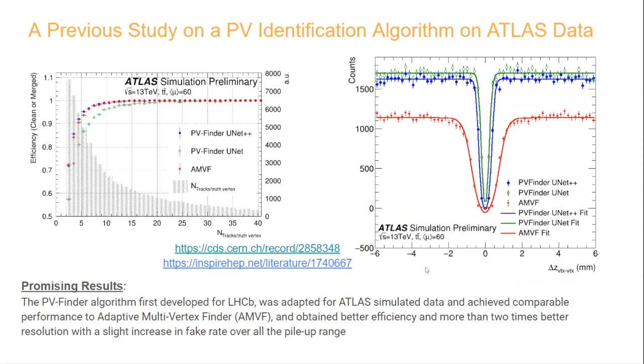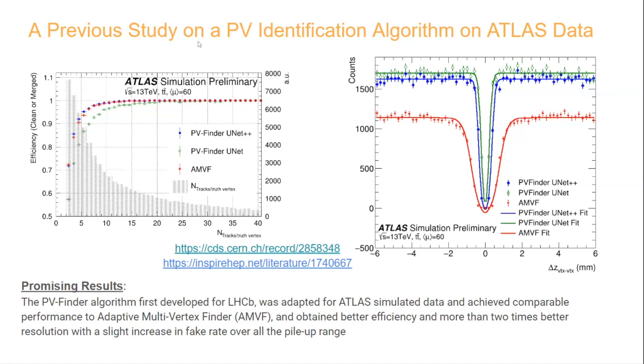A previous primary vertex identification algorithm, PV finder, was first developed for LHCb, and then later adapted for ATLAS. If you look at the graph on the left, we're comparing the efficiency between the PV finder built for ATLAS data and the AMVF, which is the adaptive multi-vertex finder.